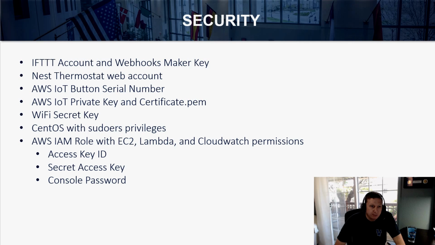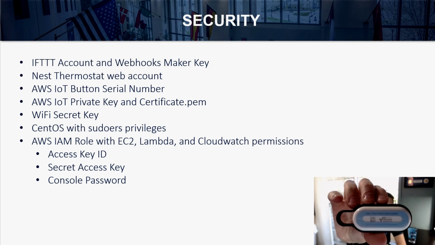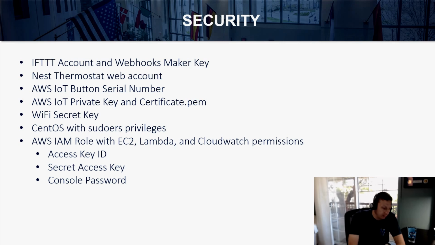The AWS IoT button has a serial number which is unique to the button. Now that serial number can be shared, but when you get into creating private keys and a certificate for the button, you're passing that over to the IoT button and using that serial number. So you can share the serial number, it's okay.